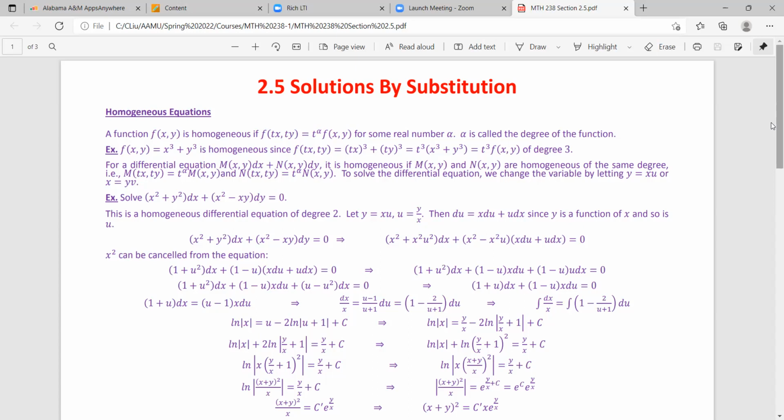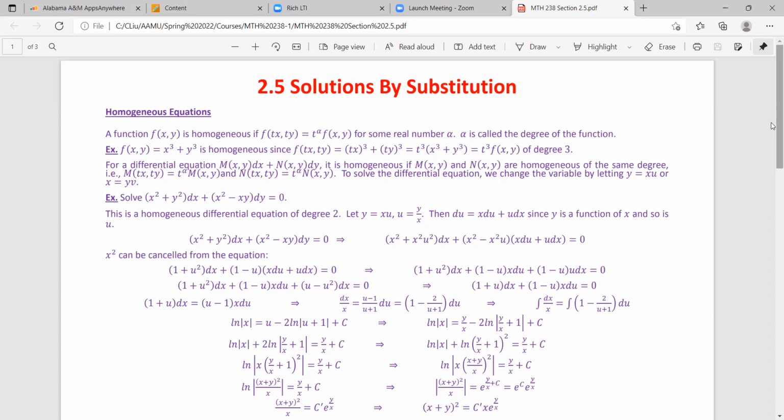Okay. So what is a homogeneous equation? We start from the definition of a homogeneous function. Okay, so what is a homogeneous function? Suppose we have a function f of two variables x and y.